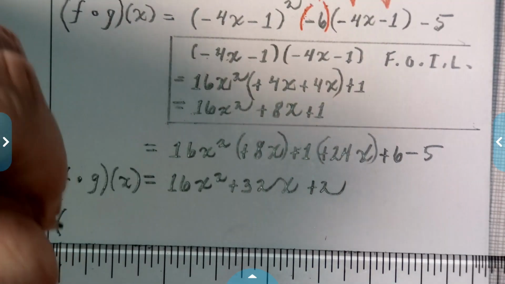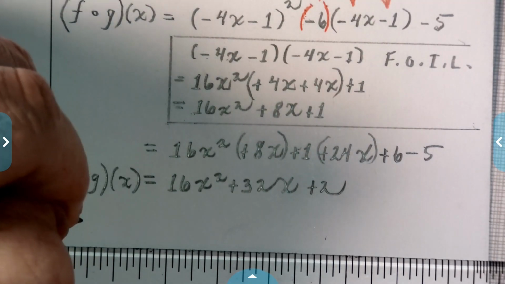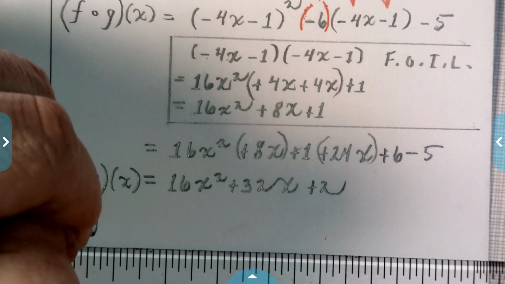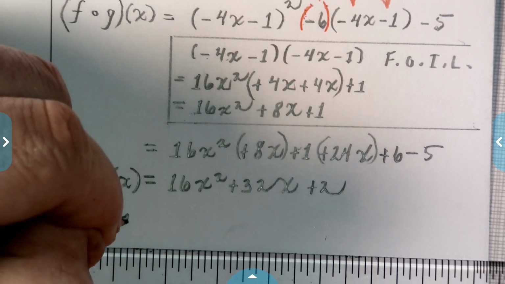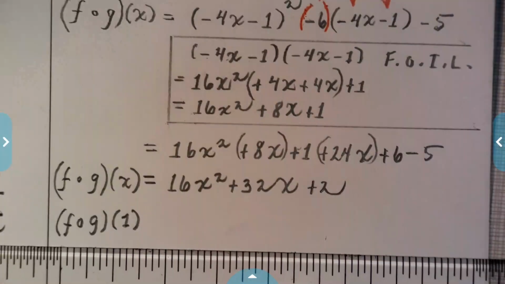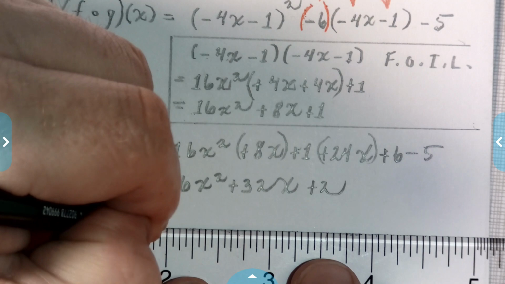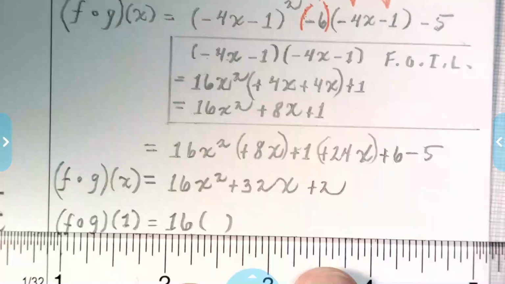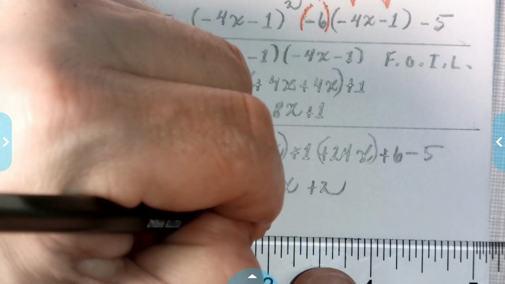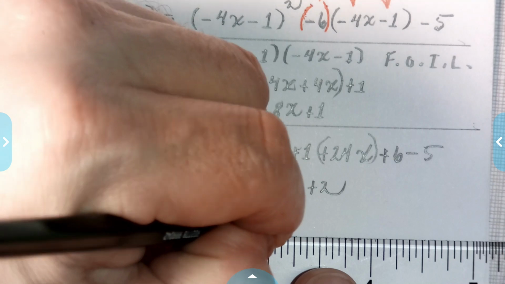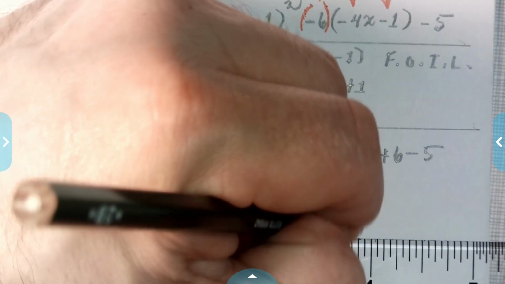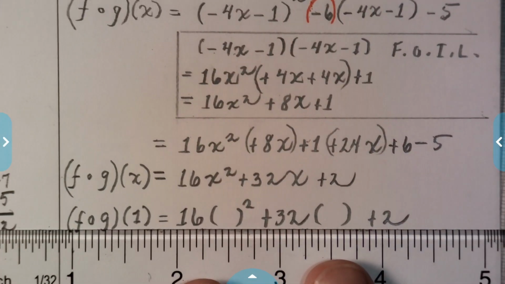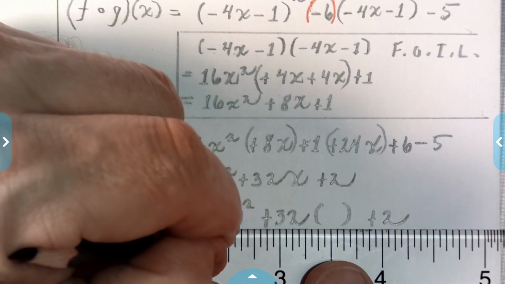So f of g of 1 equals 16, open parentheses, close parentheses, squared, plus 32, open parentheses, close parentheses, plus 2. Now in this case, that's rather trivial, right? We're sticking in there a 1, but still good habit.